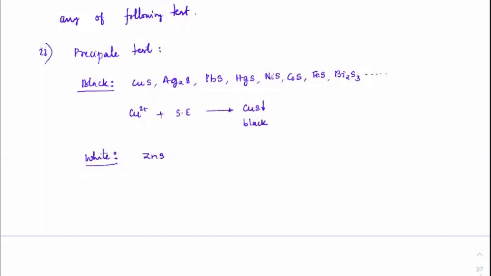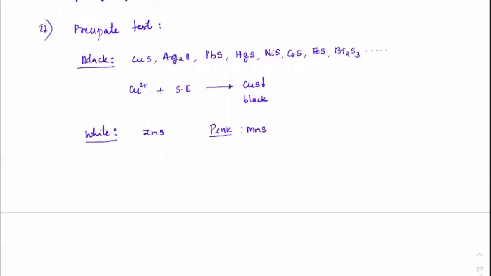On the other hand, if you confirm the presence of sulfide with manganese, it will form MnS. MnS is pink color, also known as buff color, or salmon color. Got it? So the pink color of MnS will also confirm the presence of sulfide.